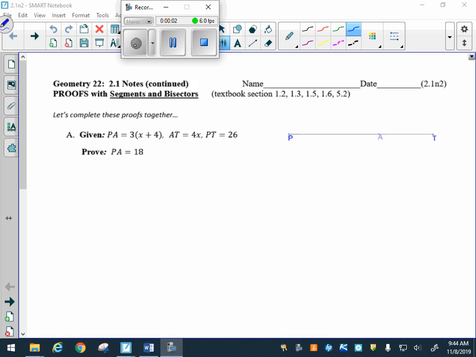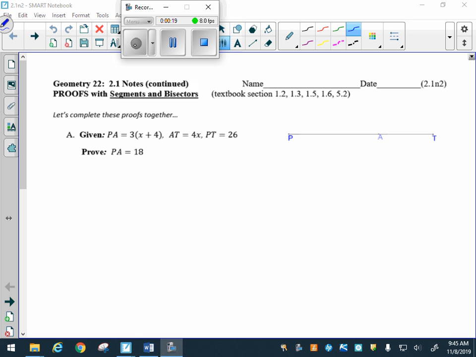Okay, so this is part 2 of the segments and bisectors, section 2.1 notes. We didn't quite get to talking about how we apply our new vocabulary into proofs, so we're going to do that now.